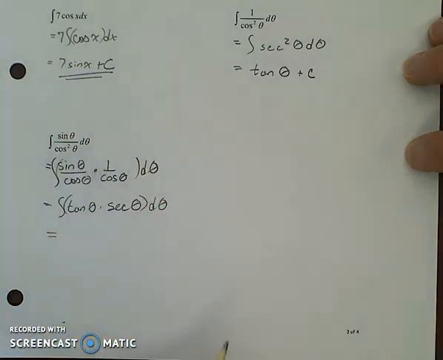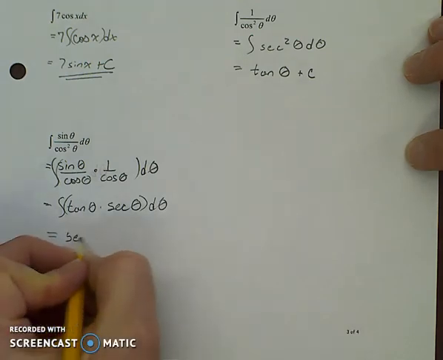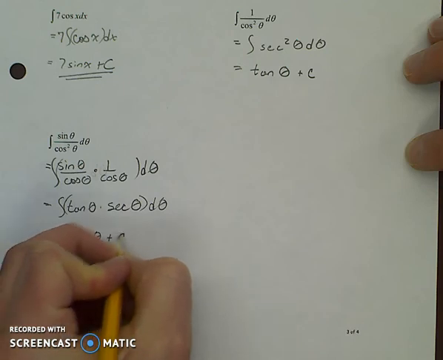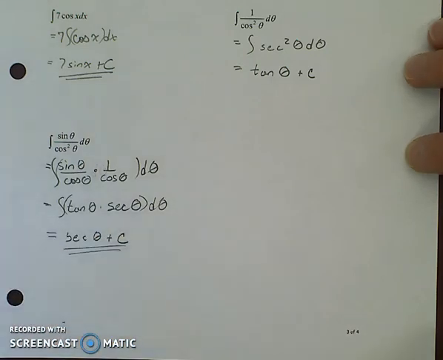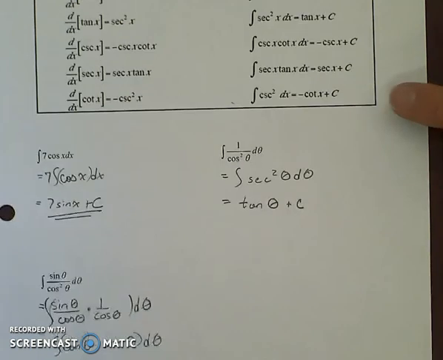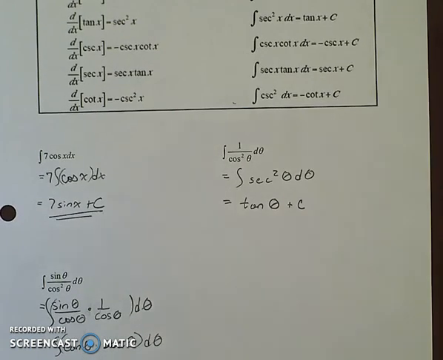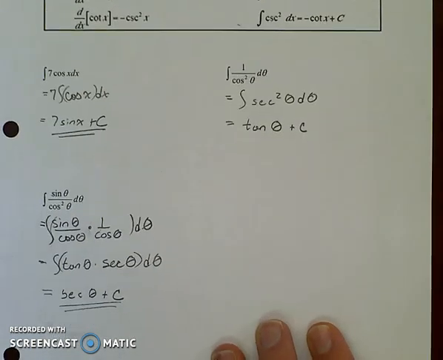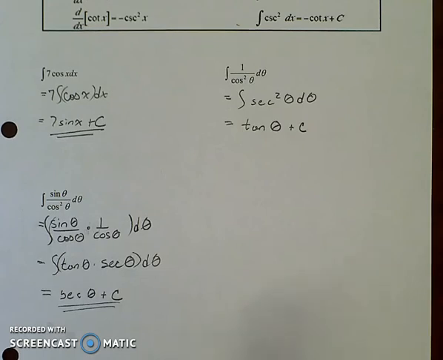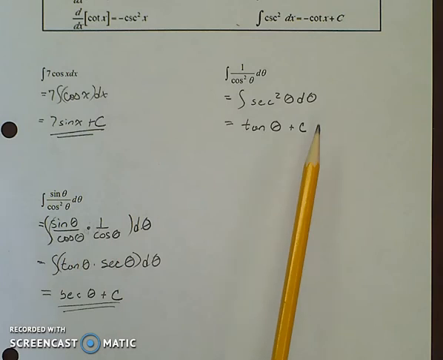Hey, you look back up at the top, and the integral of secant theta tan theta is secant theta plus c. You got that in case you didn't see it from right here. And so you do need to manipulate trig functions to make them look like something that you have in the boxes. But that's all it is. Just manipulate it and then find what the integral is.